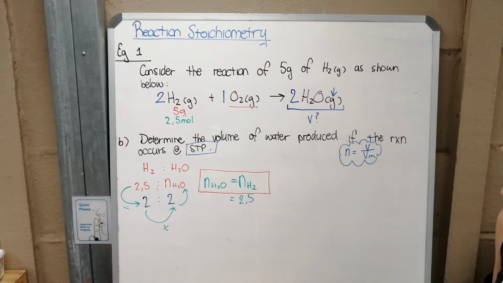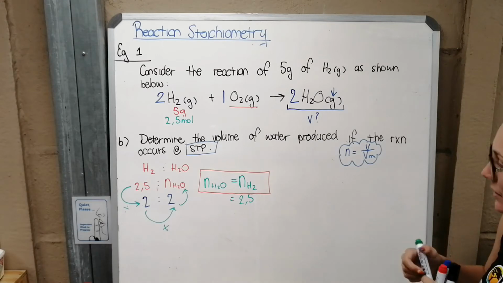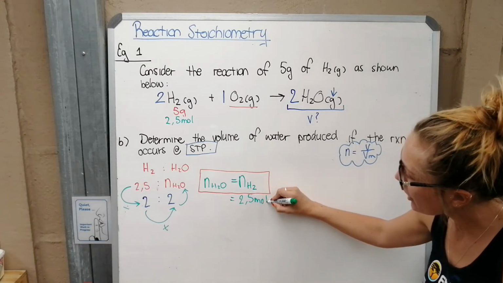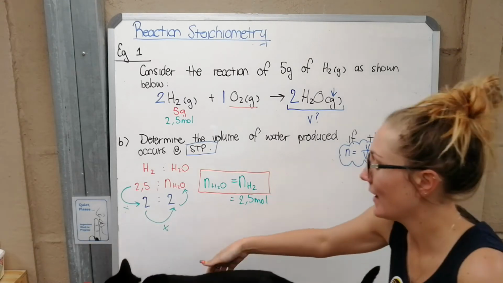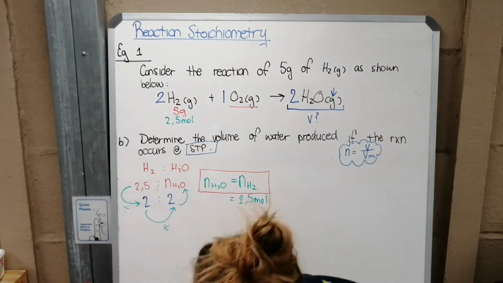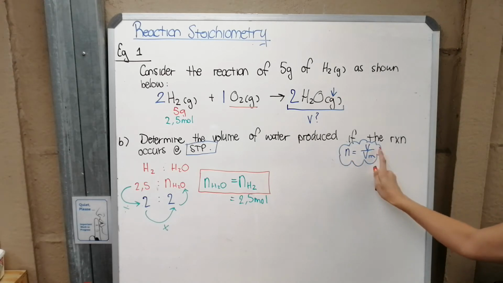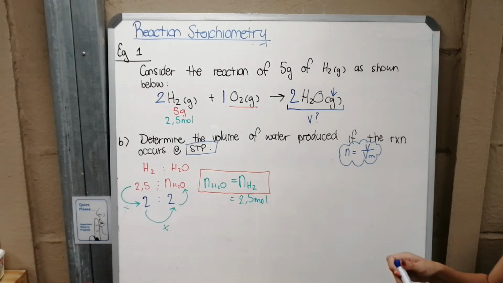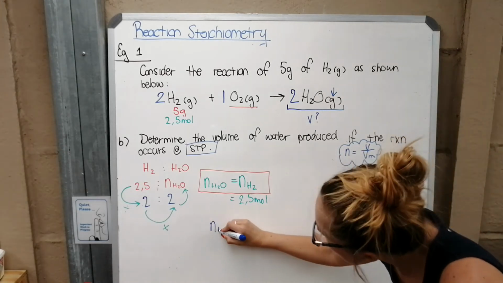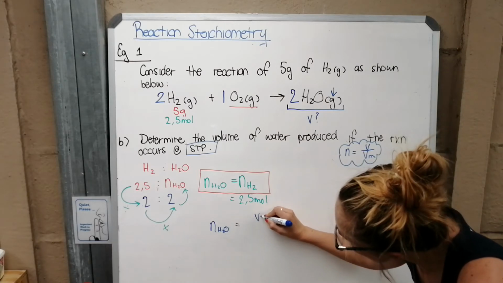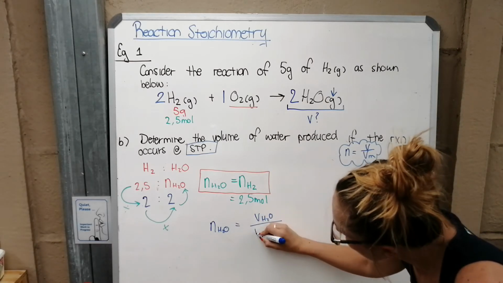Step 4 is to convert the information that we've just worked out, to convert the moles of what we want to whatever they want. So they want the volume of water produced at STP, so we can now use this formula. Okay, so we can say the moles of H2O is equal to the volume of H2O over molar volume.